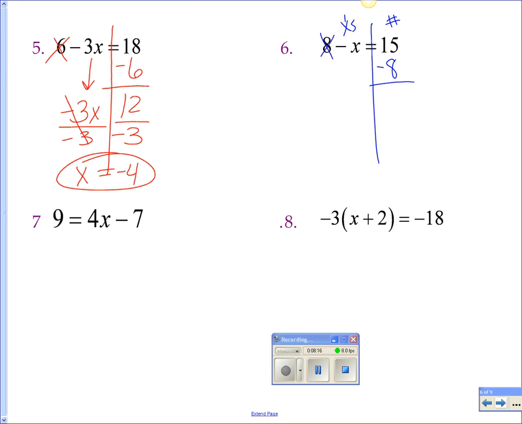Okay, so 15 minus 8 is 7. Ashley, see what drops down on the other side. What kind of x? Negative x. And guys, I'm going to go ahead and put a 1 just to make my life easier. So negative 1x. That negative comes down too. And Odin, what do you do next? And that gives you what?